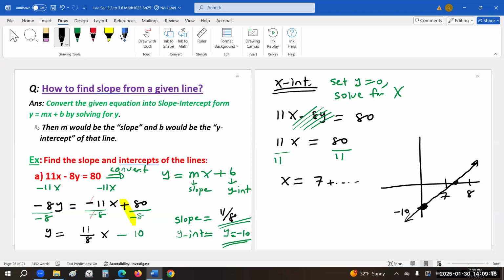So to find the slope, convert it to y equals mx plus b. Good thing when you do that, you get two things at the same time. The only thing missing is the x-intercept. We have to use the old-fashioned method. We have to substitute y with a 0. In other words, we're erasing the entire y term and solving for x.